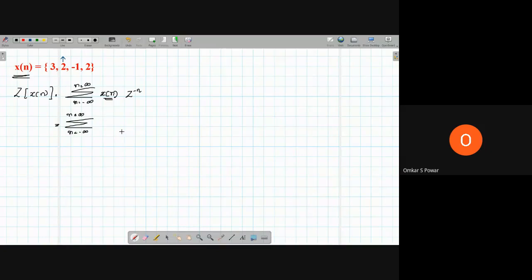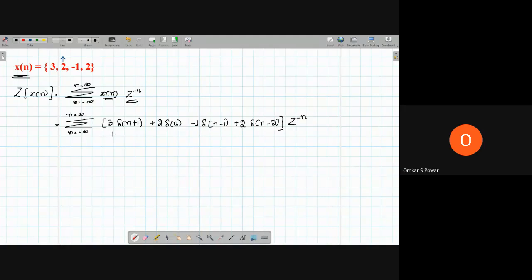X of n is nothing but 3 into del of n plus 1, because at n is equal to minus 1 it is 3, plus 2 into del of n, because at n is equal to 0 it is 2, minus 1 del of n minus 1, plus 2 into del of n minus 2, into z power minus n.